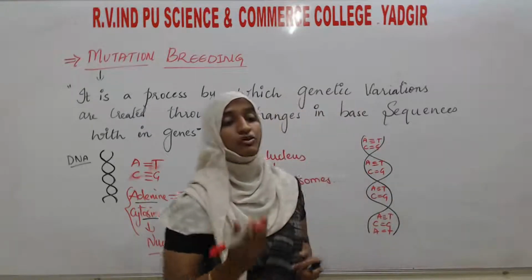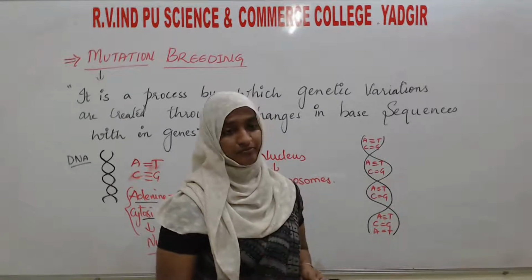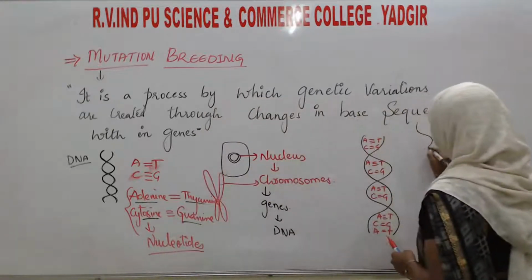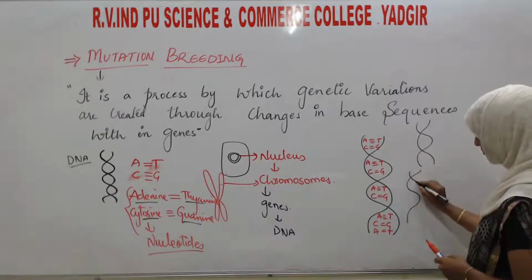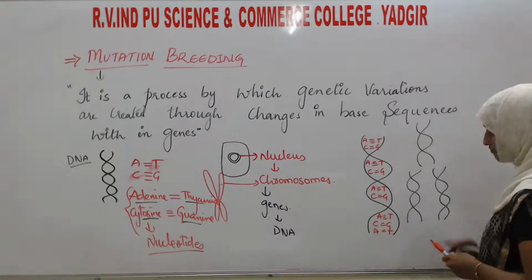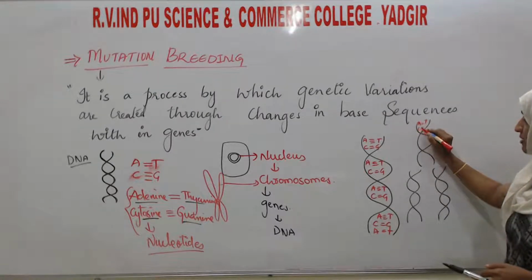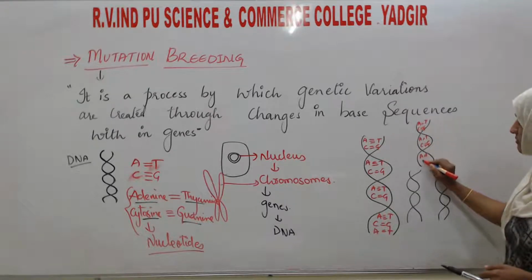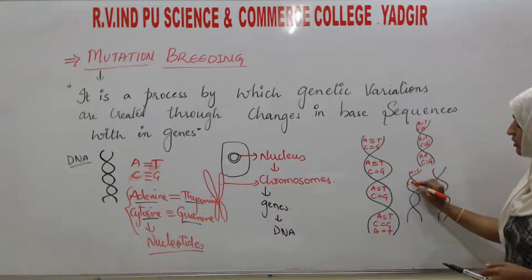When the DNA duplicates, it forms copies, duplicate copies of its own. See how: in this way they form the copies like this. Whatever the base pairs are, in this way they also get duplicated.